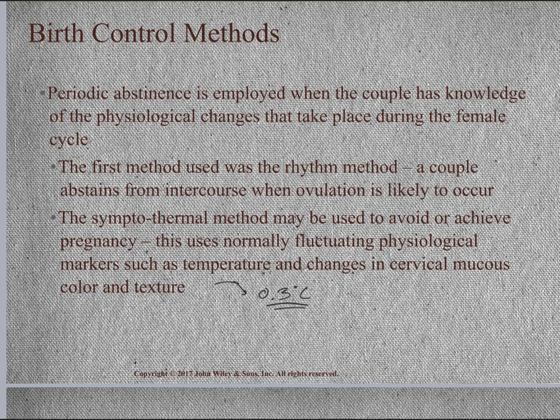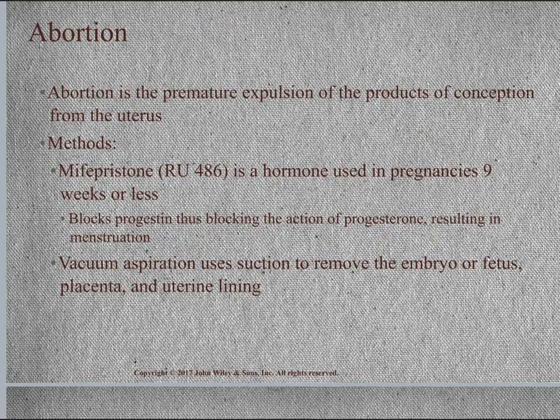This is also known as the family planning method. So you can use this method to plan for families by marking your ovulation cycle, engaging in more intercourse when you know the 12 to 24 hour window for ovulation is occurring. Next, we can look at abortion.